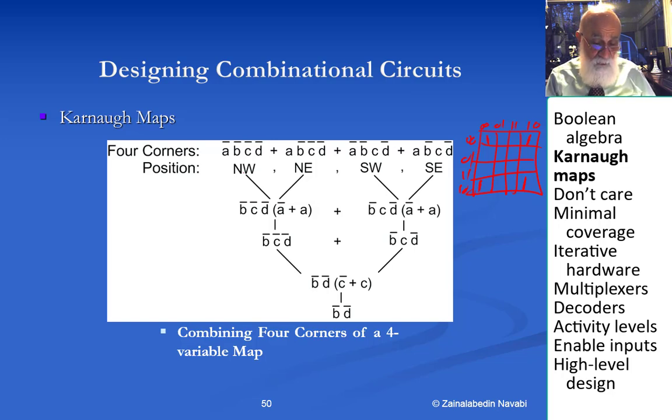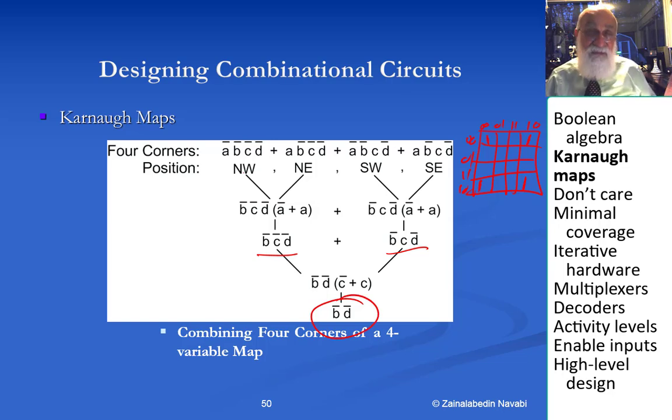Then I have A bar, B bar, C, D bar, or the southern terms, and then find common things between them. You find B bar, C, D bar, and then factor out A or A bar. That becomes B bar, C, D bar, and this one is B bar, C bar, D bar. And then now let's factor out the common terms between those, which is B bar, D bar, C or C bar, and then becomes B bar, D bar.